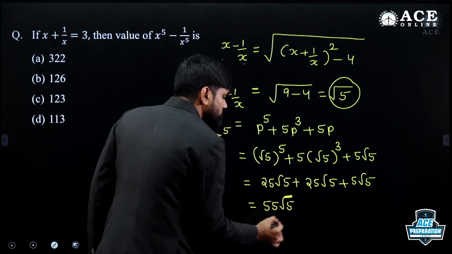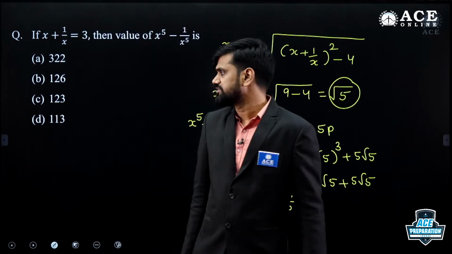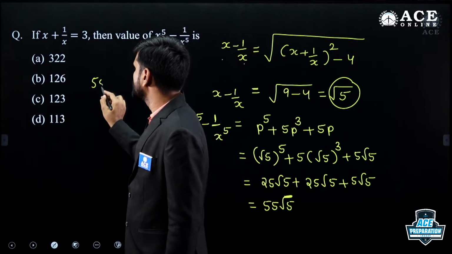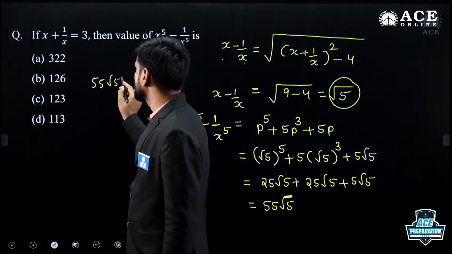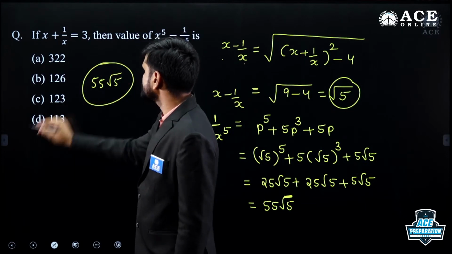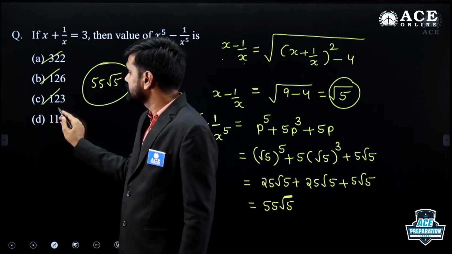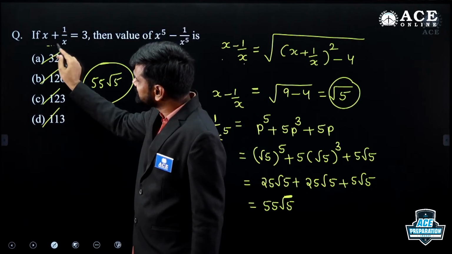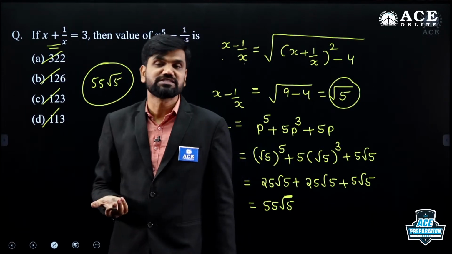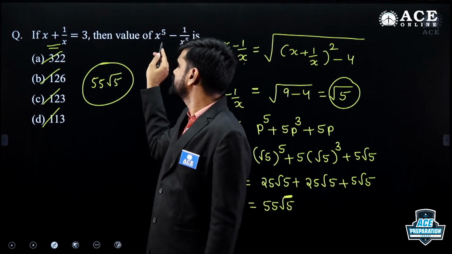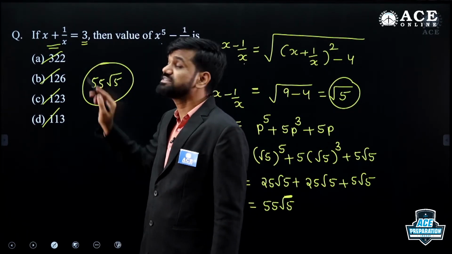Don't worry, there is a mistake in the options given here. So it should be 55 root 5 only. Right. So don't take these options here. If this itself were directly given as x minus 1 by x equal to 3, then you might have directly applied the formula by taking this as p.